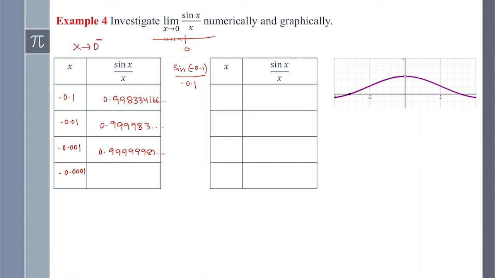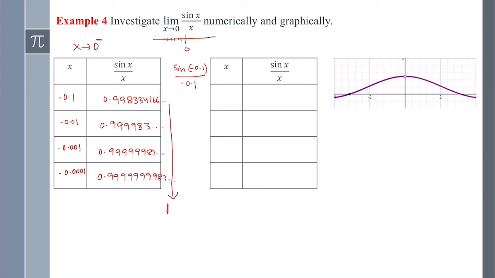Similarly, when we plug in negative 0.0001, we'll get 0.9999999. There are 8 nines, so 1 2 3 4 5 6 7 8 nines, and then we get 83, and then more numbers after that. So clearly from here we see that as x approaches 0 from the left, the value of this function is approaching 1.